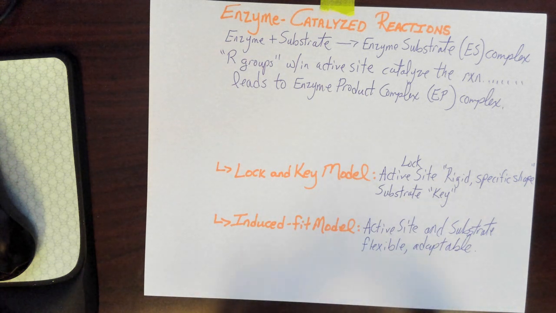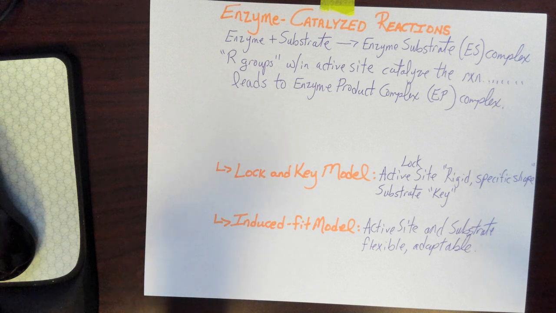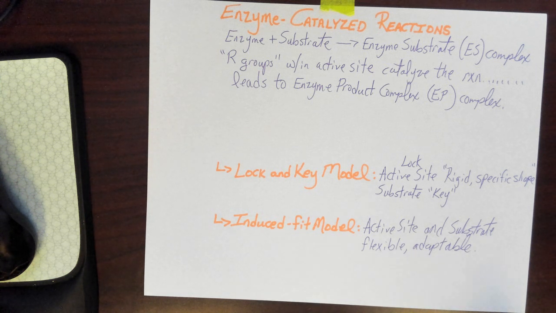They can kind of flex, they can move around. Or you can even think of it as changing the geometry, the geometrical shape. The adjusted fit of the active site provides better alignment, better alignment for the catalyzed reaction to happen.